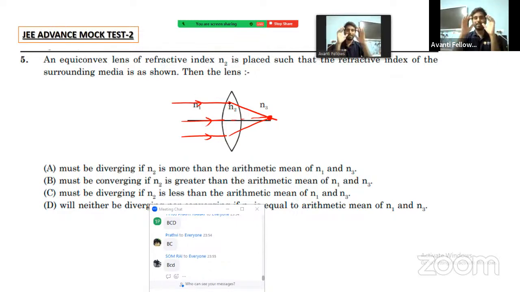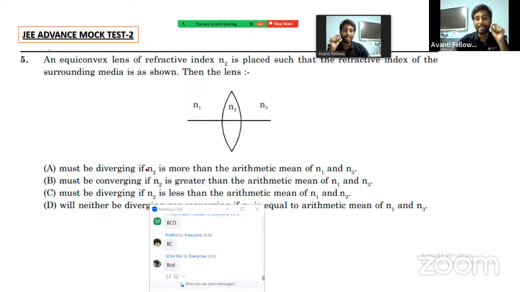If in case, मान लो N2 here it is, that means the lens is covered with a liquid. मान लो liquid है, उसका refractive index lens से ज़्यादा है. मान लो here the refractive index is 1, I will take the surrounding. It will be greater than N2. That time क्या होता है? It will act like a diverging lens. Diverge करता है उसमें. यही concept को इधर apply करना.